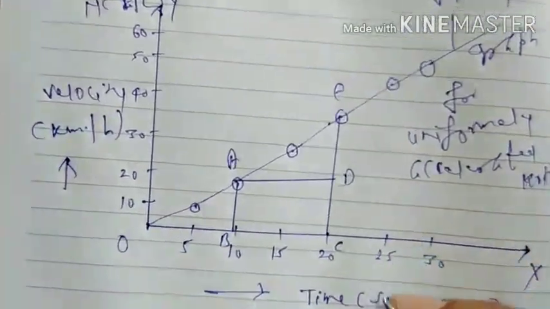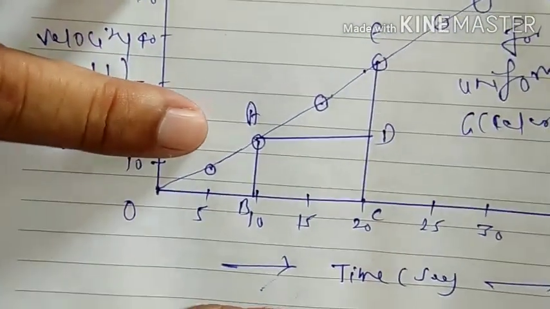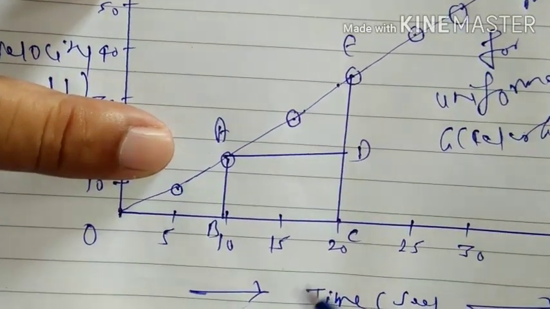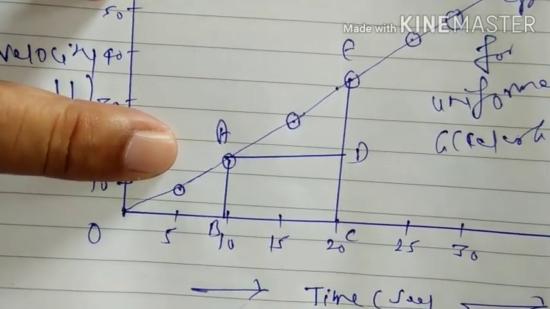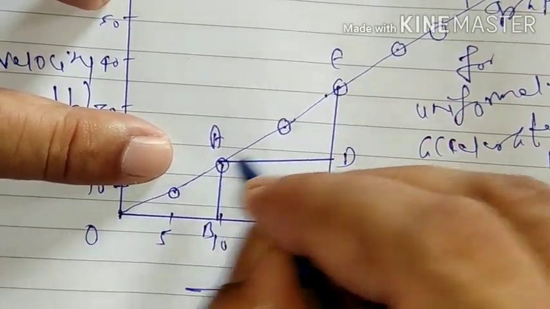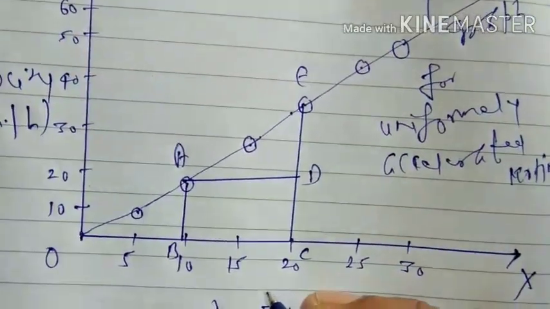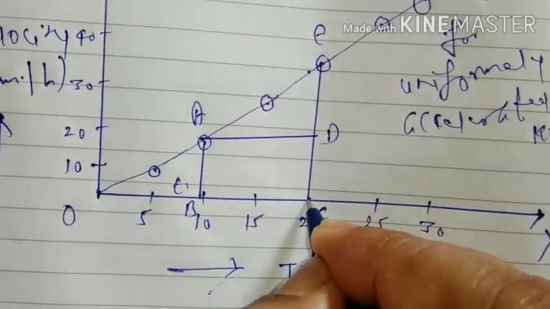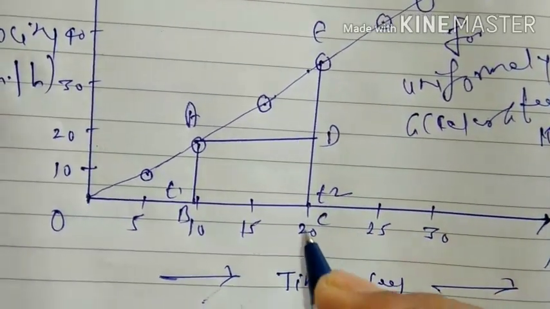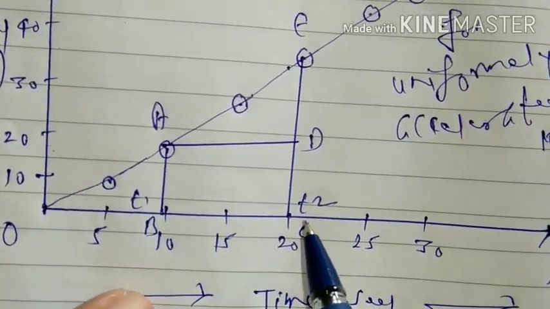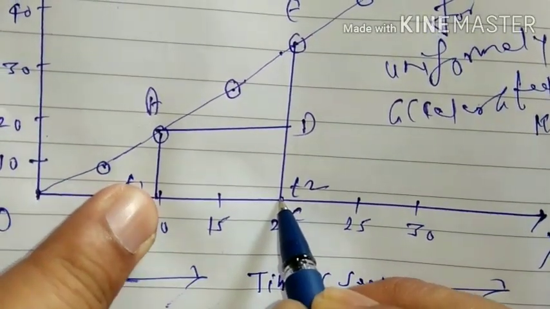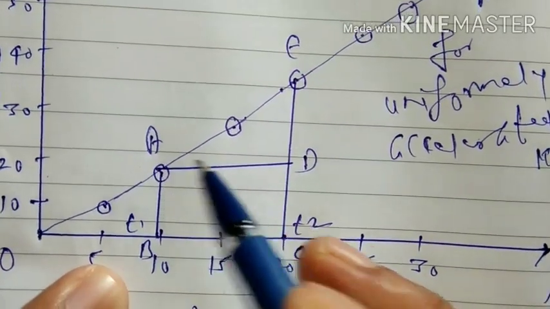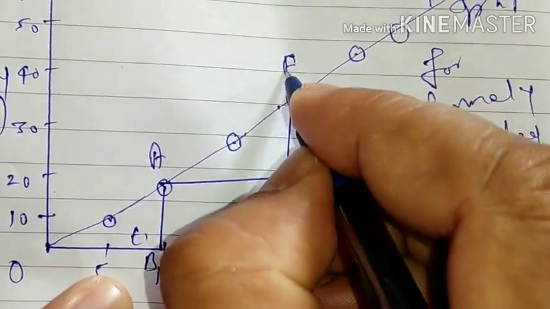What had we seen in our last class? We had seen that displacement is given by the geometrical area under the velocity time graph. So what will be the displacement traveled between this time? Suppose this gives us time t1 and here it gives us time t2. The displacement traveled between time t2 minus t1 will be given by the geometrical area BAEC.